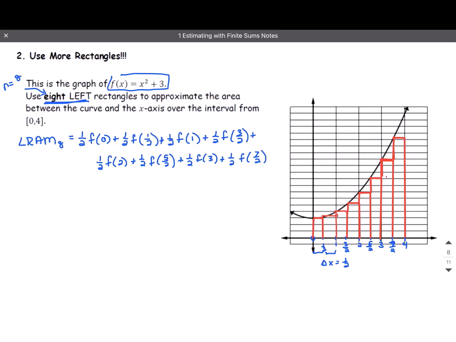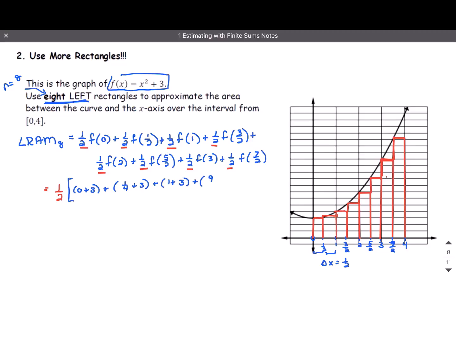Now, notice we have a 1 half in each part here. We can factor out that common 1 half. So we're going to factor out a 1 half. And now we're going to find f of 0, which is 0 plus 3. F of 1 half is 1/4 plus 3. F of 1 is 1 plus 3.